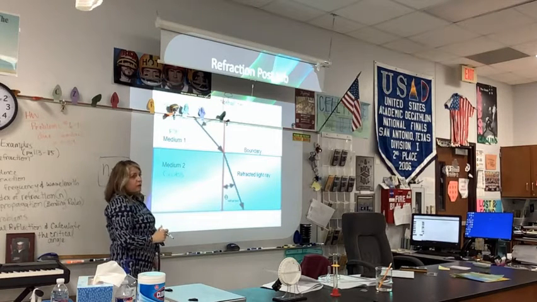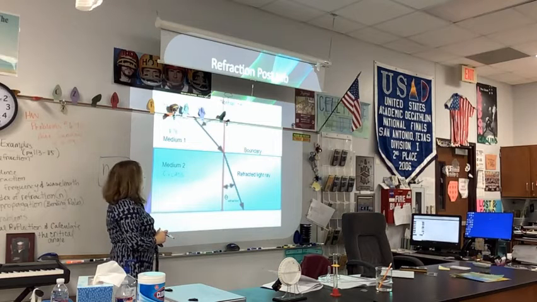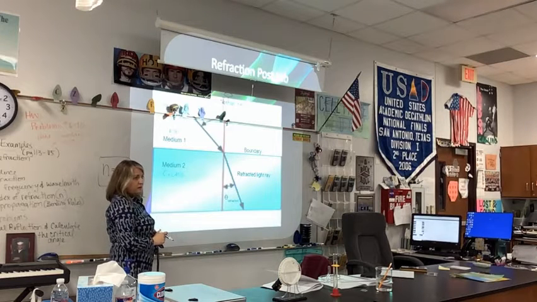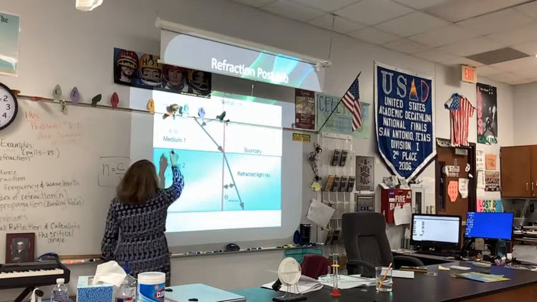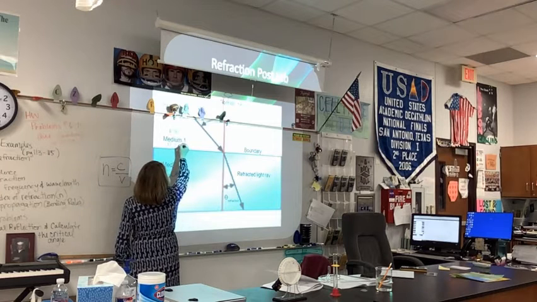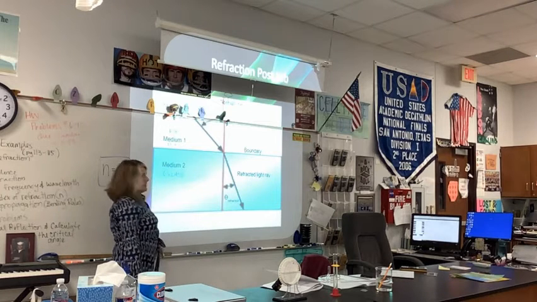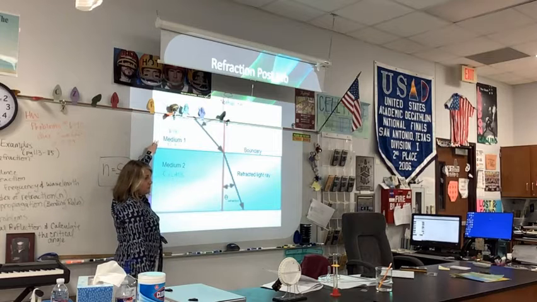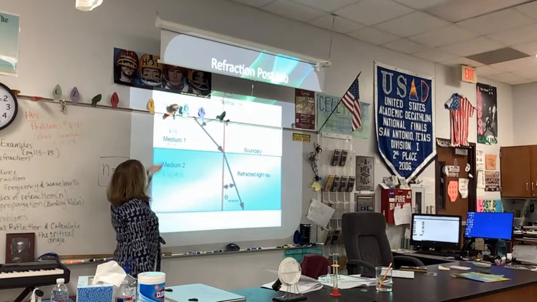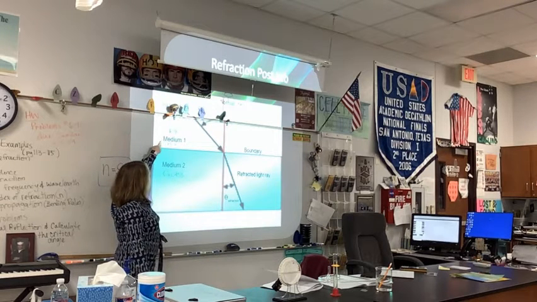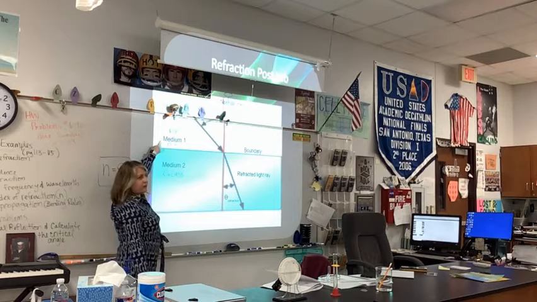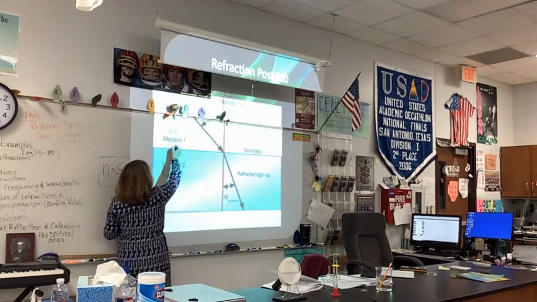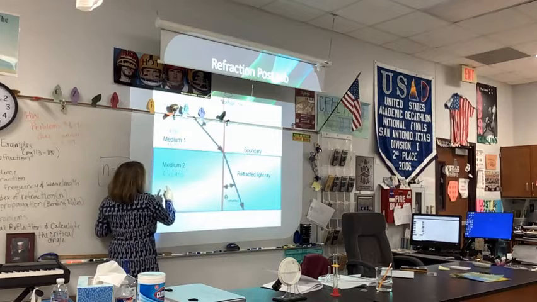So do we know the index of refraction for air? Yeah, it's 1, right. So N here is equal to 1. We need to differentiate between the two indexes because we have two different mediums with two different indexes. The medium where the light is incident, we're going to call that index Ni.